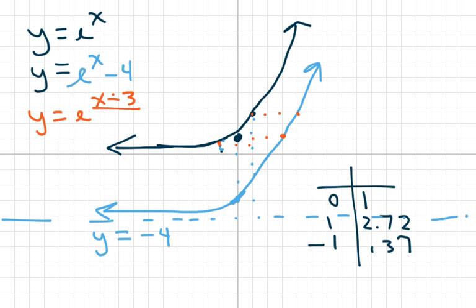Now I can't even see what I did. So we went here 1, 2, 3. So basically it's going up like this. And it got shifted from here to the right by 3. This one got shifted down by 4. So that's -4. And that is your transformations.